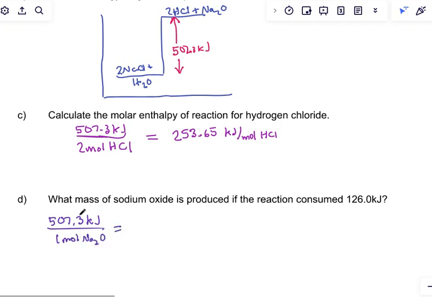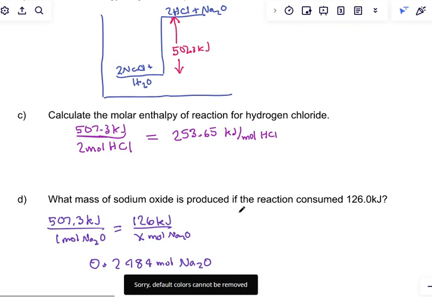And we're saying, well, I'm not using 507.3, I'm using 126. How much Na2O will I get? If you cross multiply that, 1 times 126 divided by 507.3, you get 0.2484 moles of Na2O.